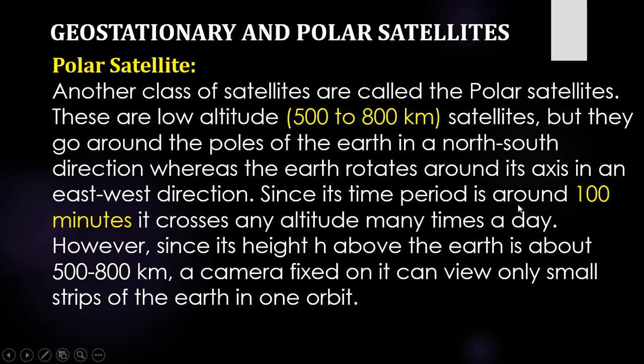Since the time period is around 100 minutes, to complete one revolution it will take 100 minutes. So it is going to cross a given latitude many times in a day, passing over a particular place several times a day. So it will capture so many images in a day, and the camera is also fixed on it, and it can capture nearby surfaces on the earth.